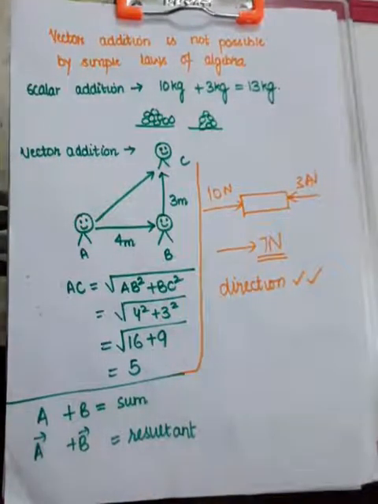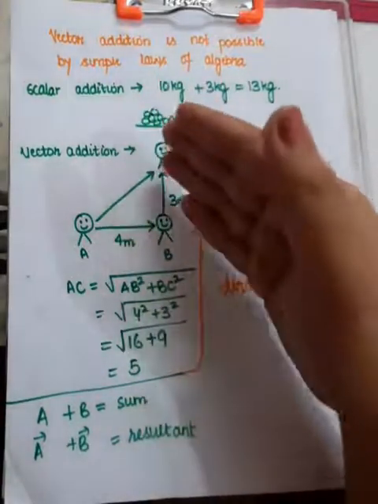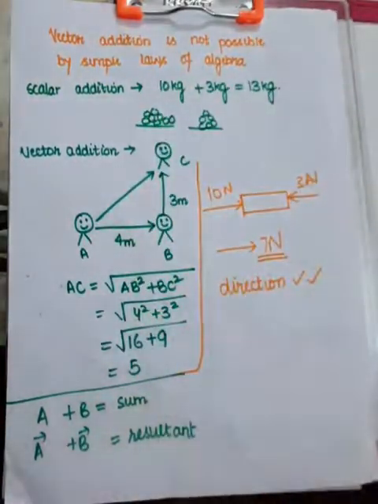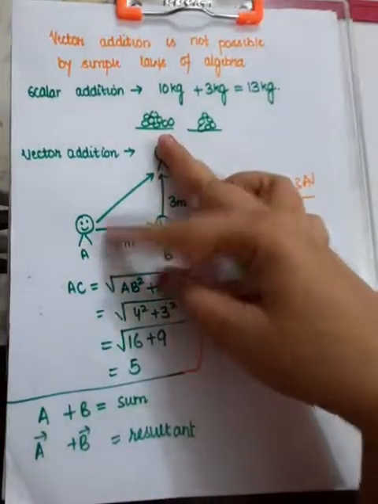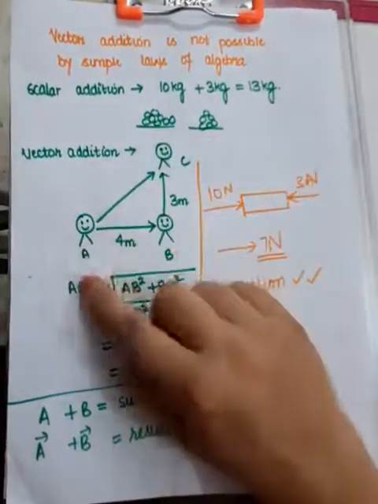If I tell you to find out total displacement, then you cannot simply add it like scalars, like we had done 10 kg potatoes plus 3 kg potatoes equals 13 kg potatoes. No, you cannot do that. Because displacement means the shortest distance between initial position and the final position. So this is going to be a displacement AC.